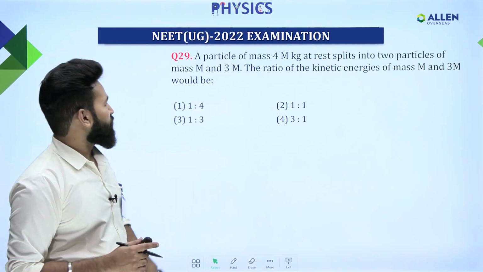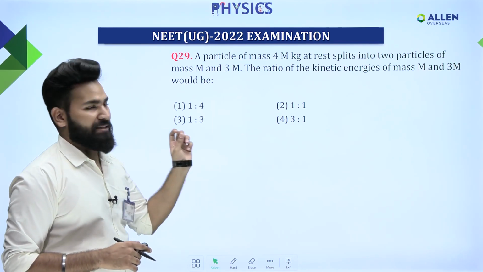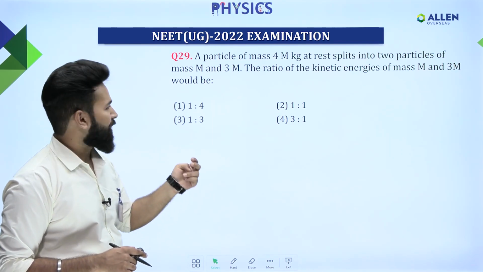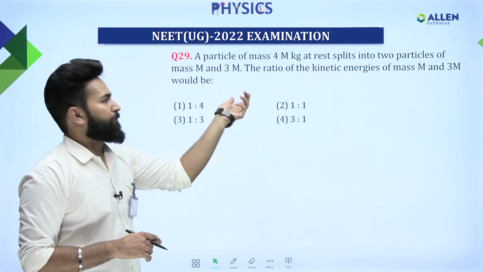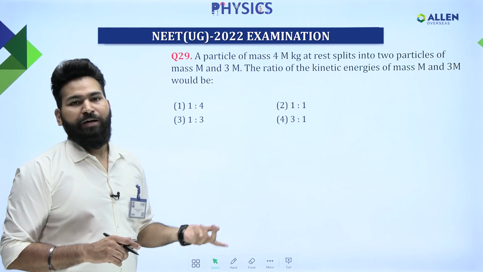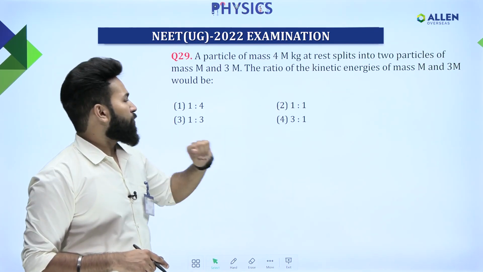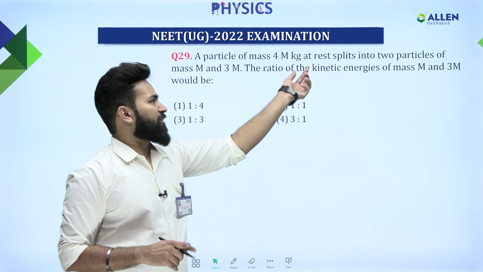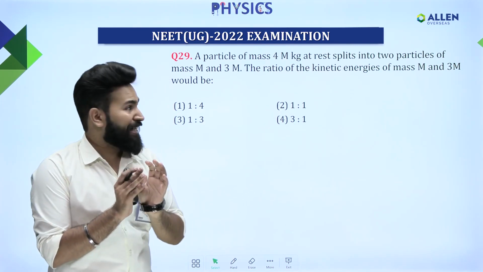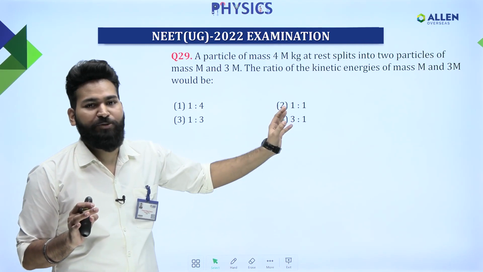Now let's move on to question number 29. A particle of mass 4m kg at rest splits into two particles of mass m and 3m. The ratio of the kinetic energies of mass m and 3m would be. We just have to find the ratio of kinetic energies. We know that if a particle of mass 4m kg is at rest and it has split into two particles, that means there is no external force acting on that object, right?